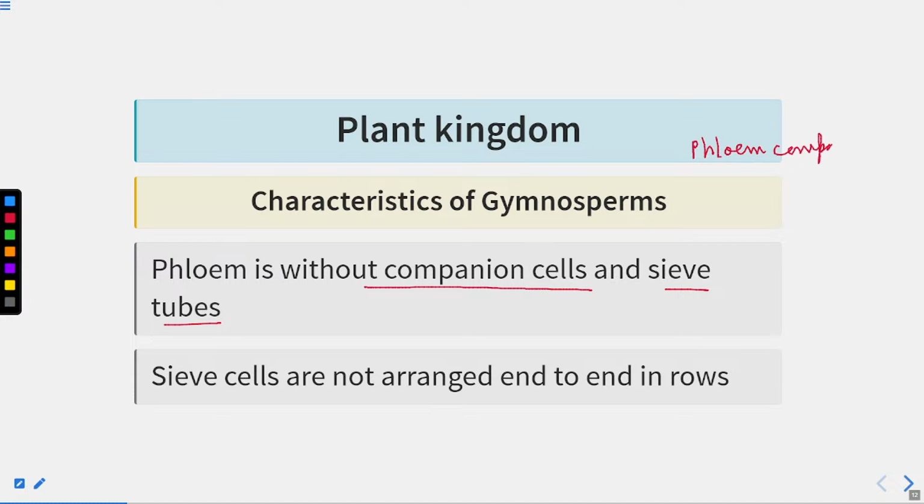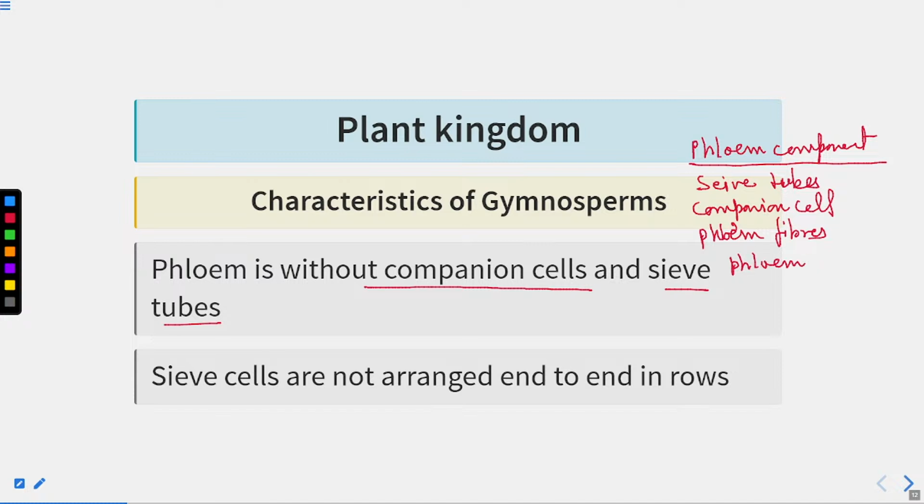If we talk about the phloem components, then they have sieve tubes, companion cells, phloem fibers, and phloem parenchyma. We all know that these are the four components of the phloem.